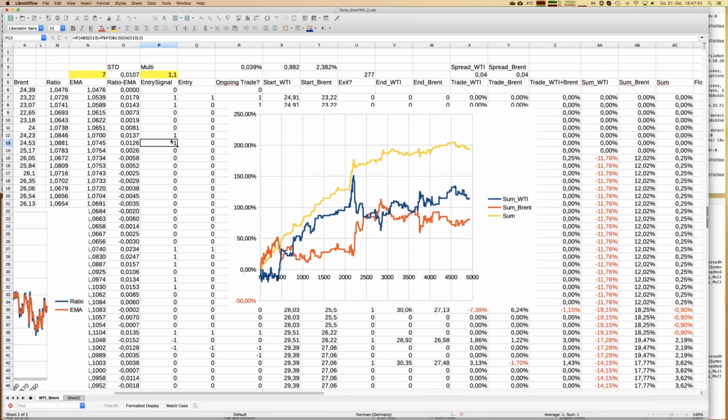So it's a strategy where we are not in trades that often, just for a couple of days. And then we go out and wait for the next extreme situation. And honestly, you could see those extreme situations even if you look directly at the two prices of WTI and Brent.